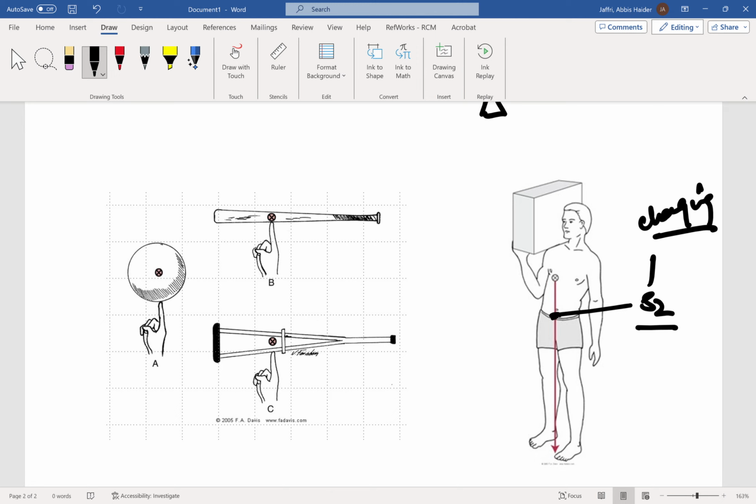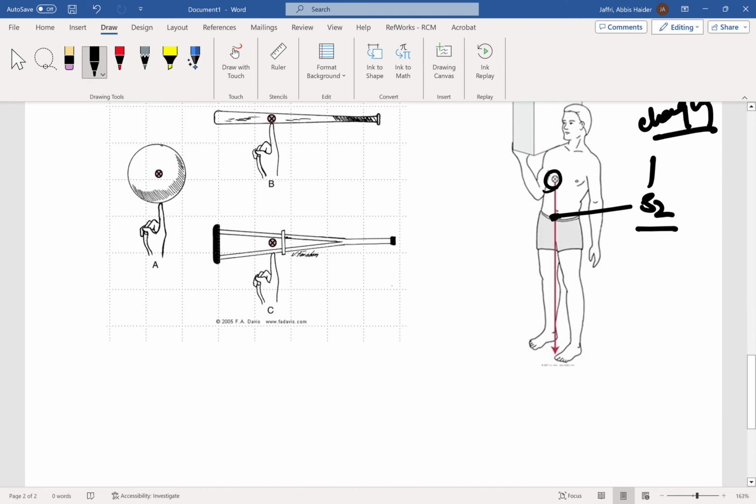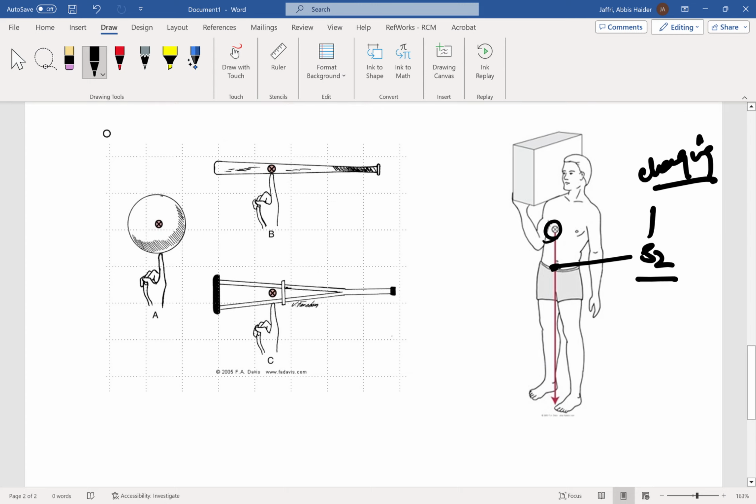When they're carrying weight on the shoulder, a lot of their mass has shifted up towards the upper body, so their center of mass is shifted upwards. It was S2, but now it is somewhere at T4, because you can see that it's almost at their thoracic region, at their nipple line, that is your T4 vertebra here. So that's how the center of mass changes.